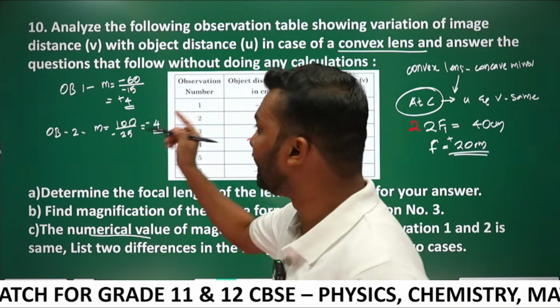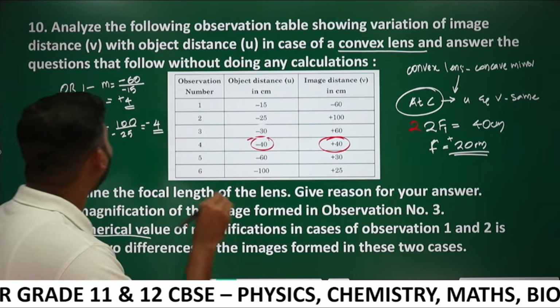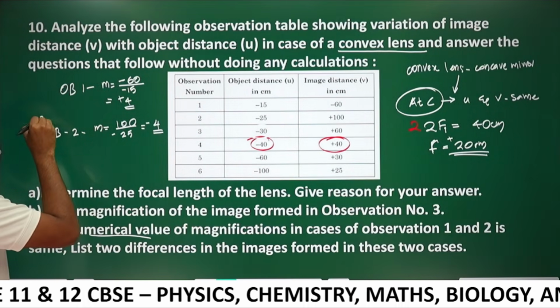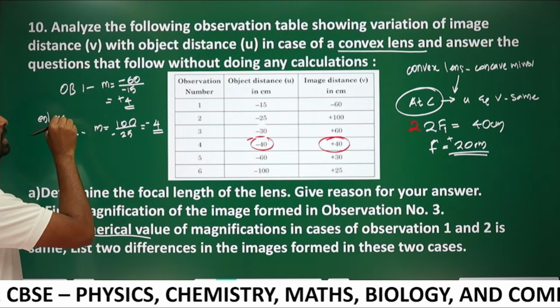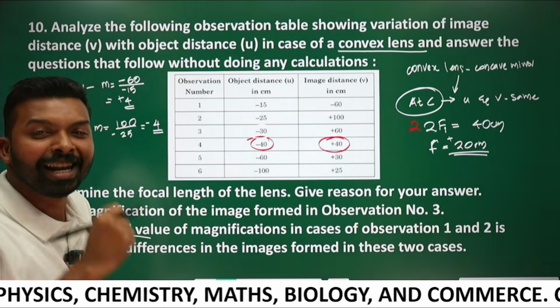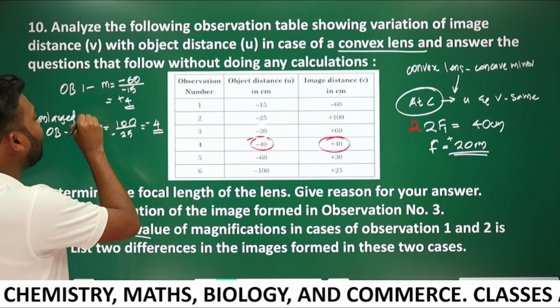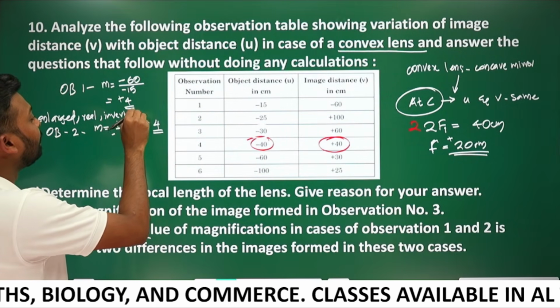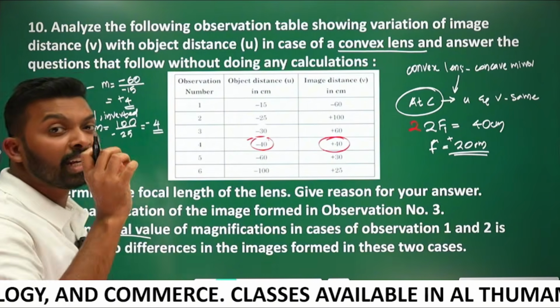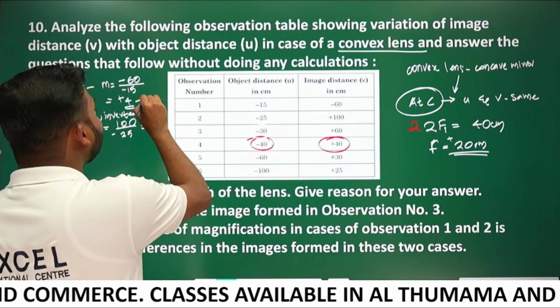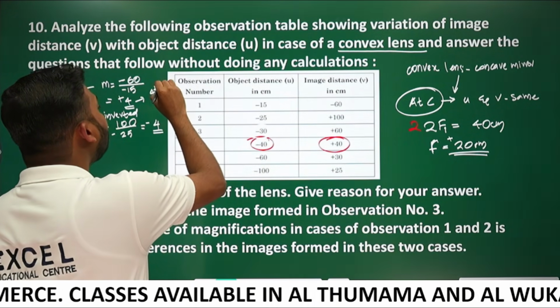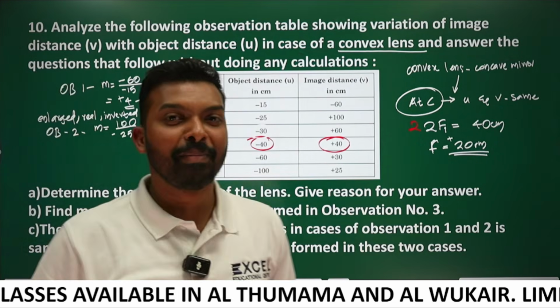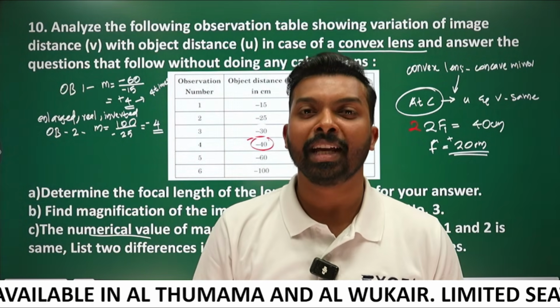Plus 4 indicates the image is enlarged. And the next one, real image, inverted. To be much more clear, you can say the image is 4 times bigger than the object.